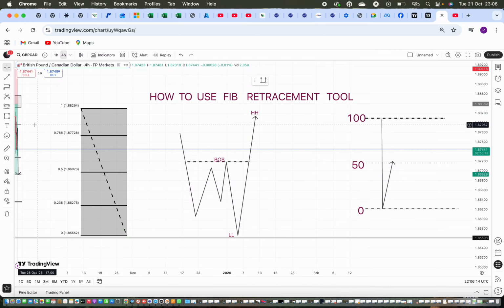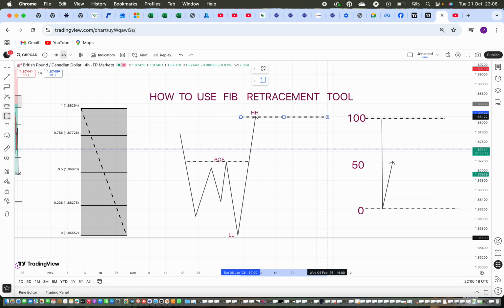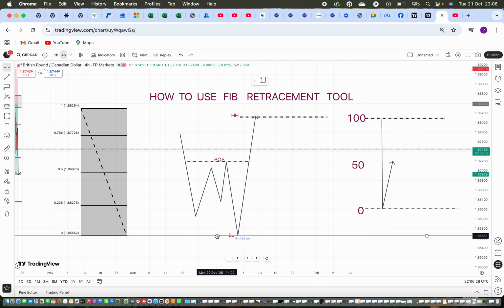Now notice if we mark here, which is our higher high, and we put this here, and we use this other line here as our lower low.